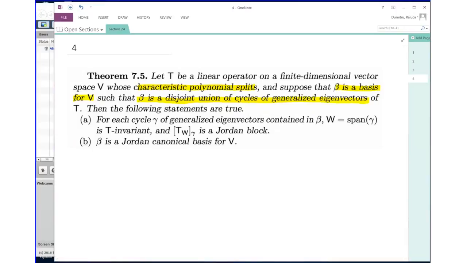So imagine fixing a lambda, an eigenvalue, and forming K lambda, the generalized eigenspace. The theorem says that the generalized eigenspace will have a basis that is in fact a disjoint union of cycles.